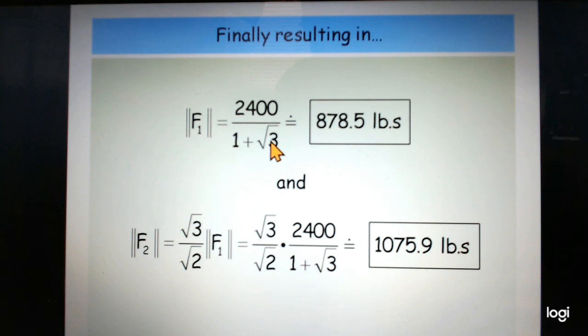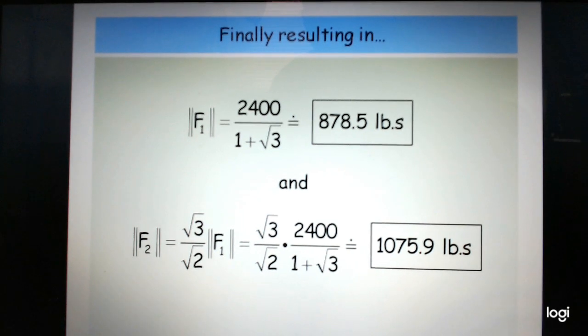I solve for the magnitude of F1 and get this expression. So the tension on cable F1, which is this magnitude, is 878.5 pounds. And for F2, a little more complicated, but I just substitute this value in: 1075.9 pounds.